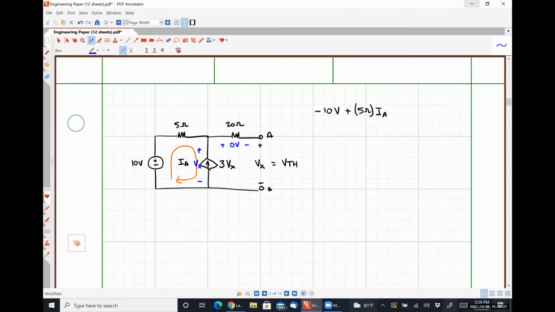Because we could write a Kirchhoff's voltage law equation that says, let me prove this to you here for those of you that may seem incredulous. So I'm going to call this VCS. If I write a Kirchhoff's voltage law equation around my right-hand loop, I'm going to have negative VCS plus 0 volts plus Vx is equal to 0, which means Vx and VCS are the exact same quantity, right?